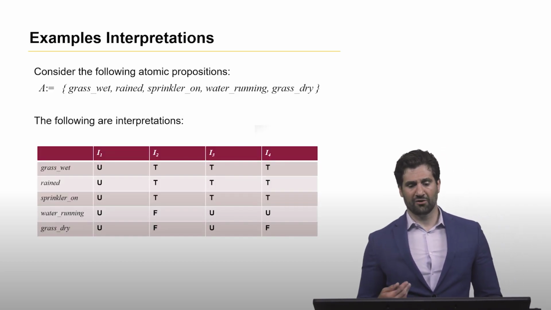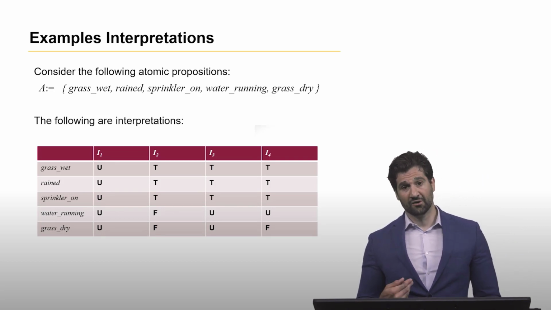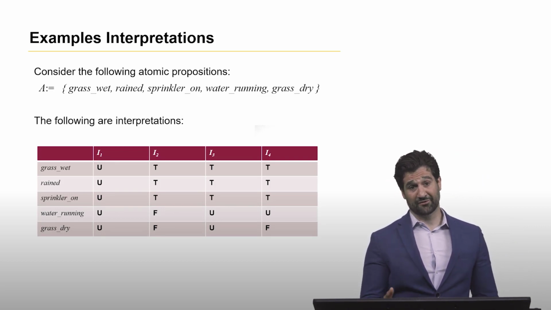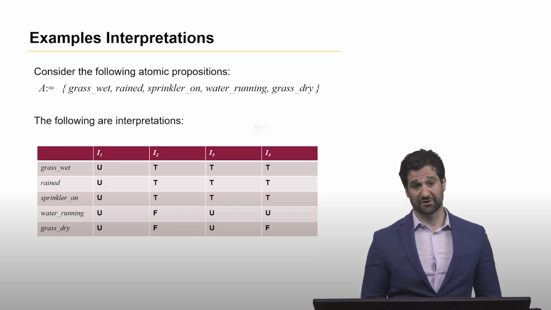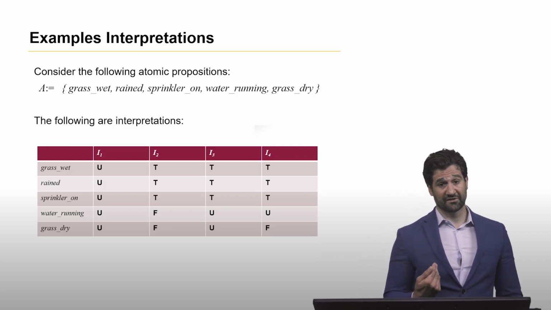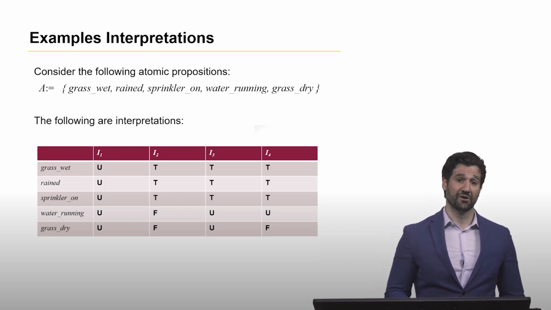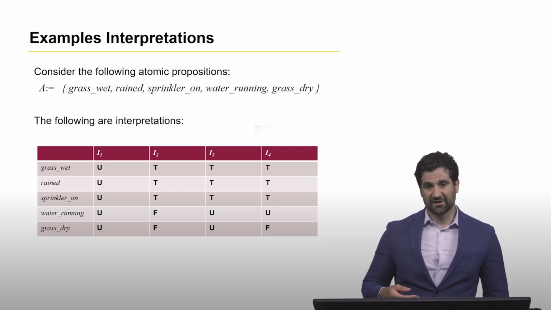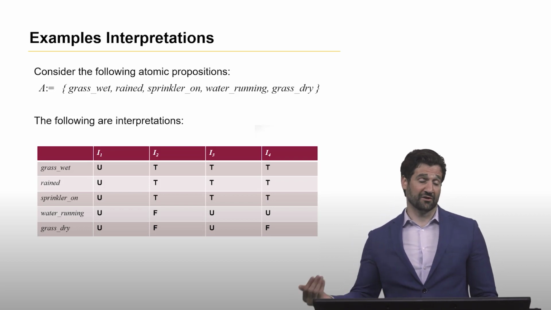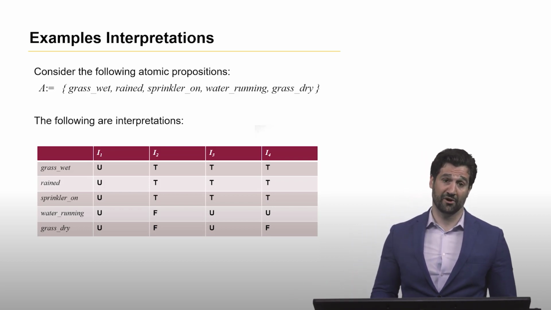So if you recall, we talked about this semantic structure called an interpretation, which you can think of as a truth assignment for ground atoms in a propositional logic, except instead of everything just being true and false, we have this other value being uncertain or unknown, and we could think of it as a blank space, and we can allow it to be filled in with true or false.